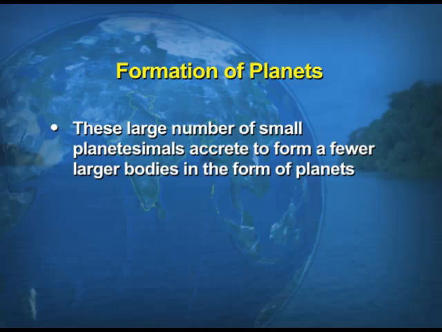These small rounded objects, by the process of cohesion, develop into what are called planetesimals. Larger bodies start forming by collision, and gravitational attraction causes the materials to stick together. In the final stage, a large number of small planetesimals accrete to form a fewer larger bodies in the form of planets.